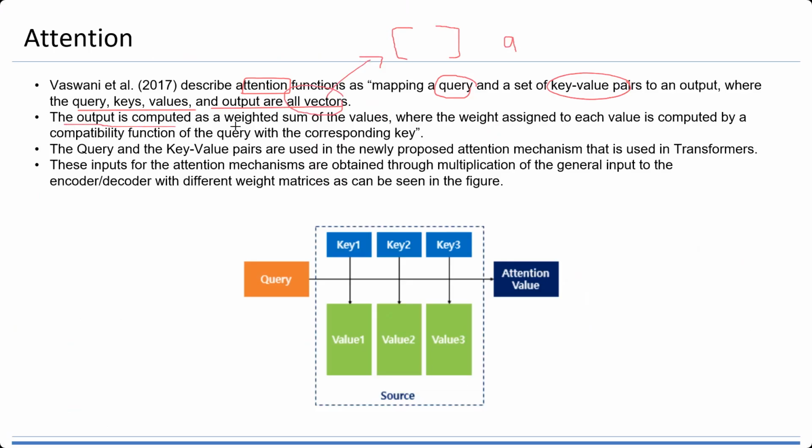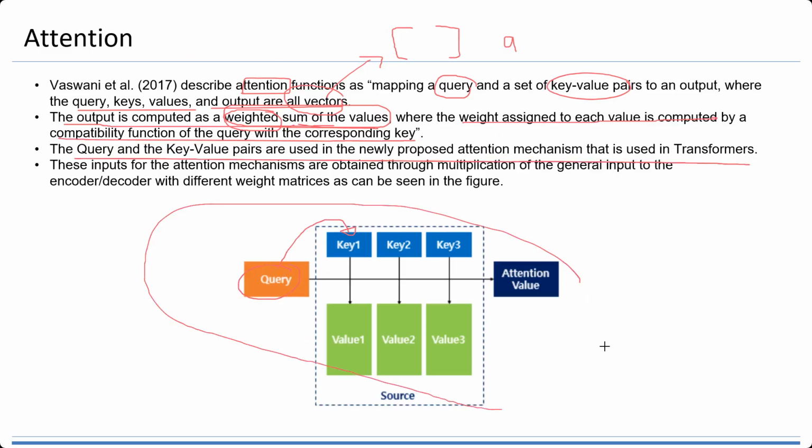The output is computed as a weighted sum of the values. Weighted sum means we have weights and then we do the summation. The weight assigned to each value is computed by a compatibility function of the query with the corresponding key. So we calculate the query and the respective key. The query and key-value pairs are used in the newly proposed attention mechanism, which has been used in the graph model.